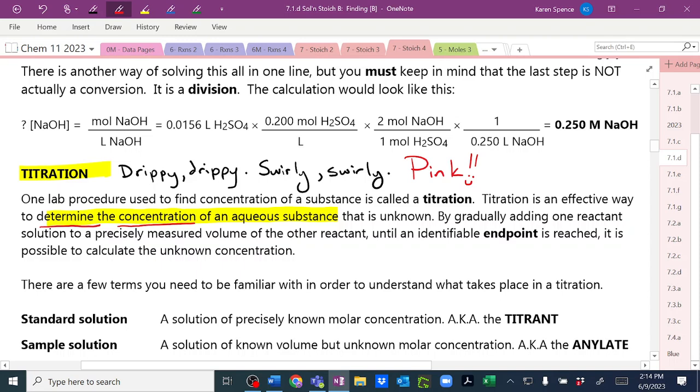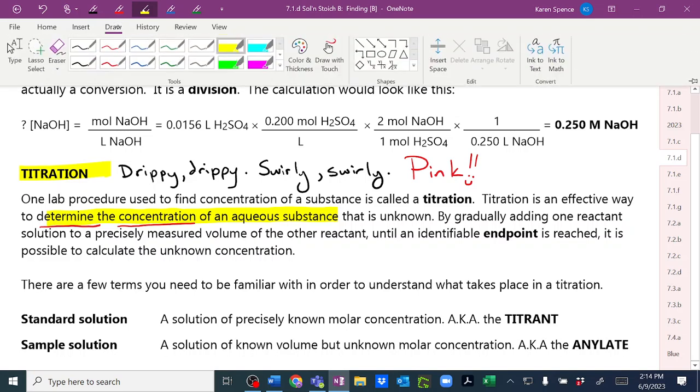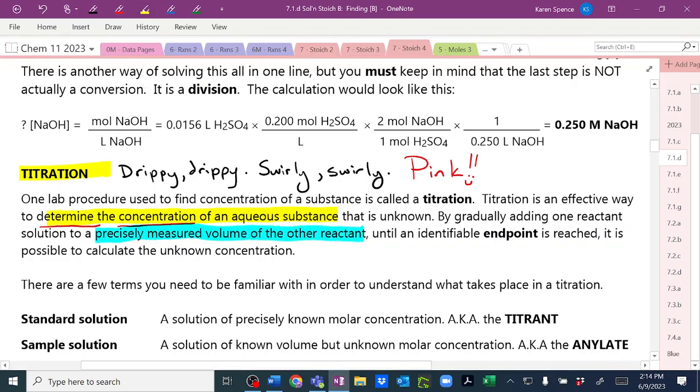What we do is we take a precisely measured volume of one solution, and we gradually add another reactant to that until we see an identifiable endpoint. Now, yesterday when we did that demonstration, what was the identifiable endpoint? What did we see that let us know, oh, my reaction is finished?